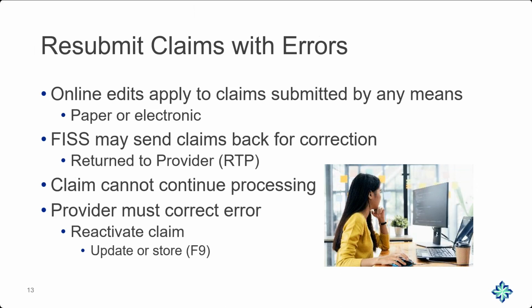So you'll update the claim by pressing your F9 key. Our second session will talk more about the keyboard functions for movement within DDE and what those different keys on your keyboard allow you to do in DDE.